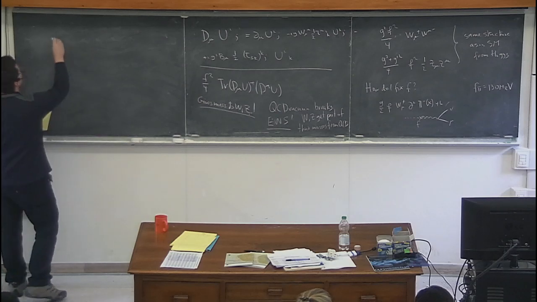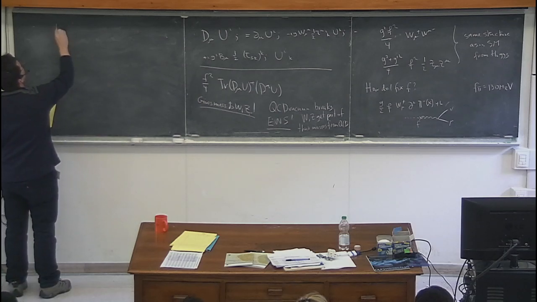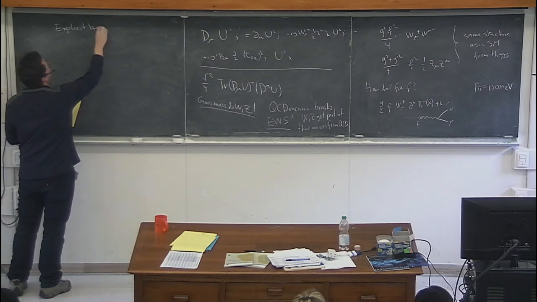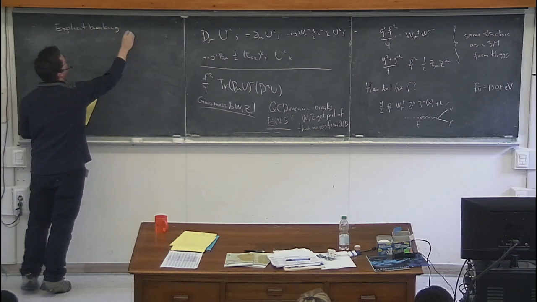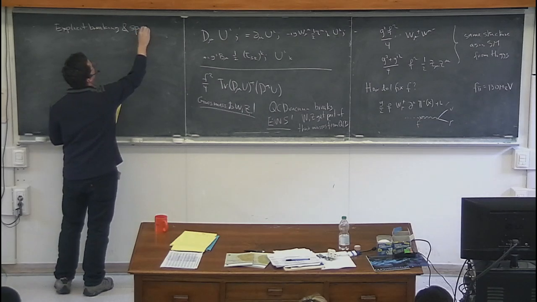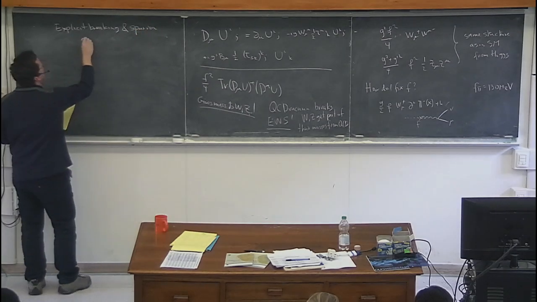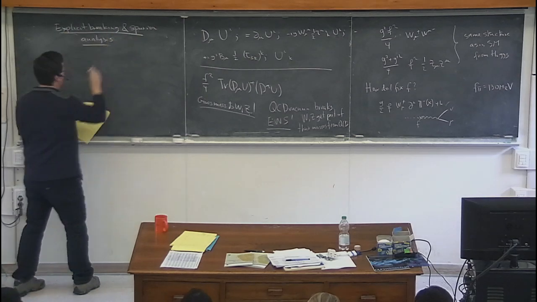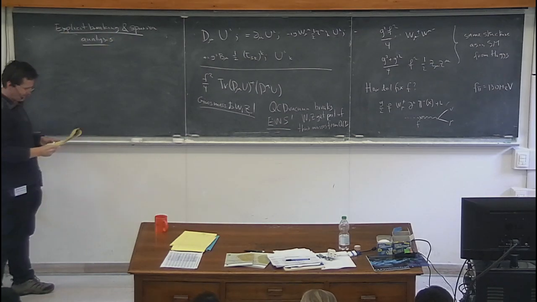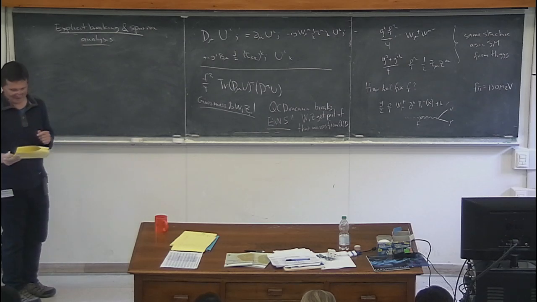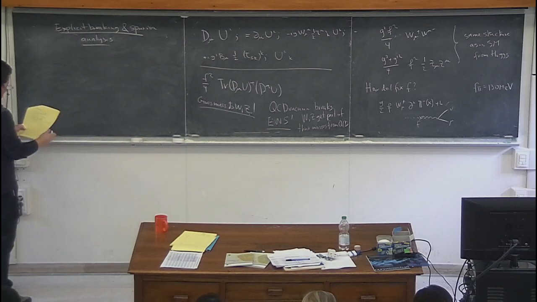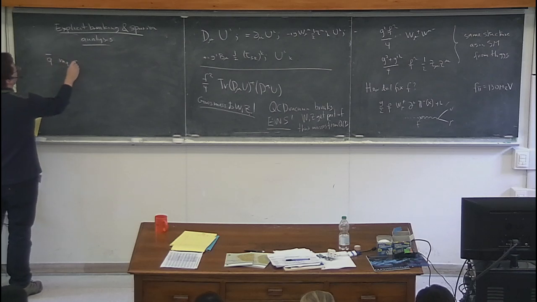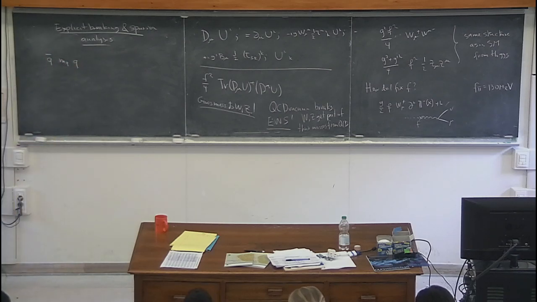Okay, so let's do explicit breakings. How to do this? Let's start, for example, with the quark masses, yes? What we said is that there's a term, q bar M_Q q, that is present in the Lagrangian.